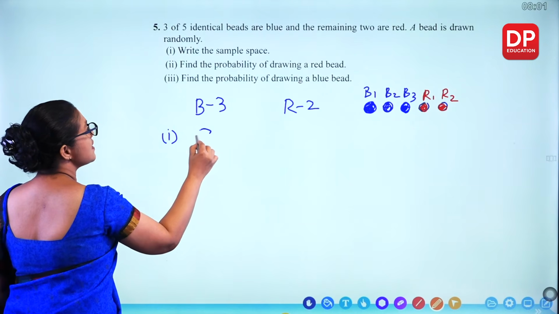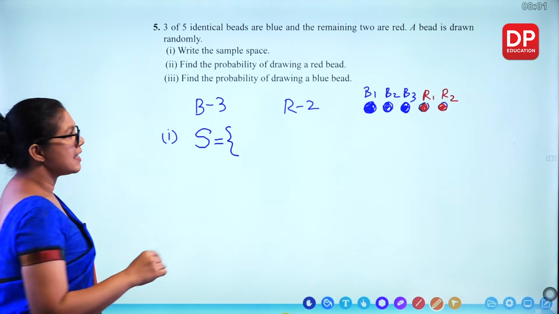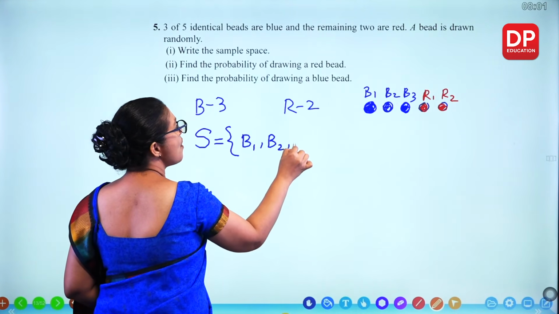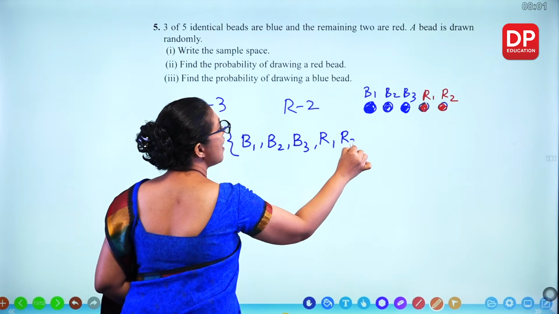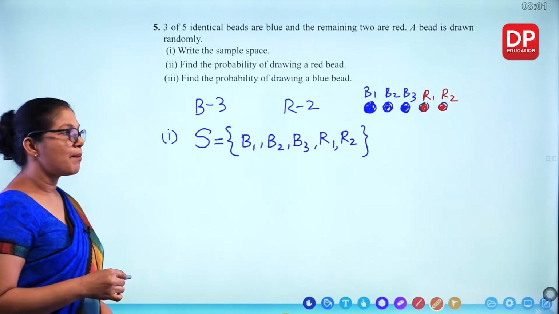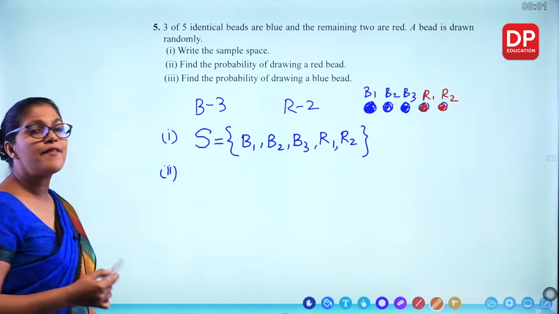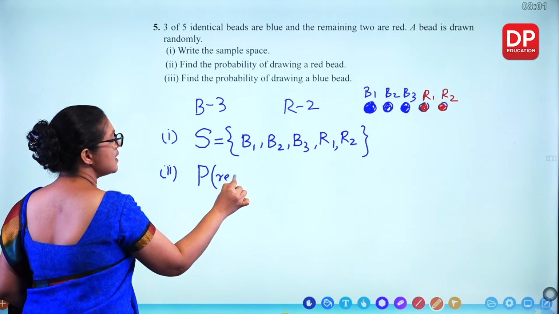So the first part says write down the sample space. I can write down B1, B2, B3, R1, R2. So that's the sample space. Then find the probability of drawing a red bead.